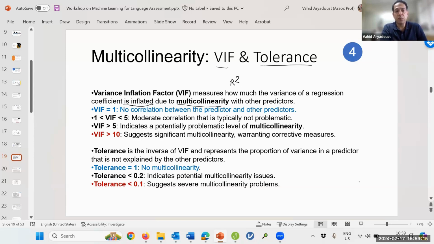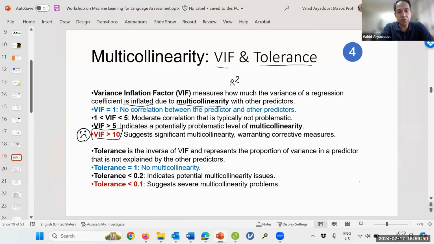Okay, so we hope that the VIF index is 1 or close to 1, because that would indicate that there is no significant correlation between the predictors, or specific predictor and other predictors. But if we're looking at a scenario where VIF is larger than 10, we're looking at trouble, like that.